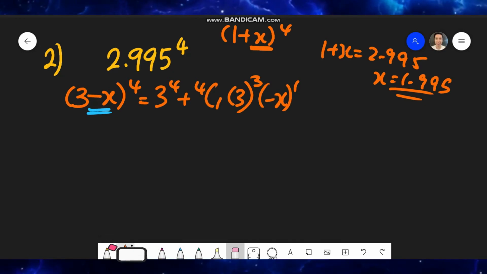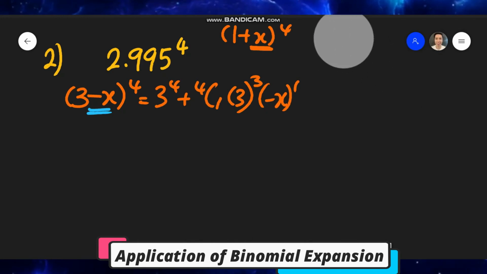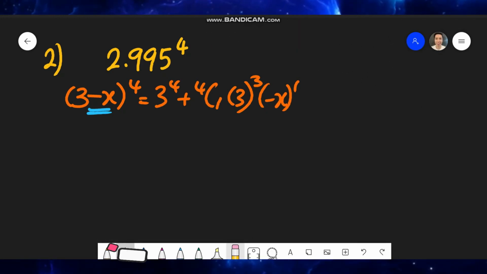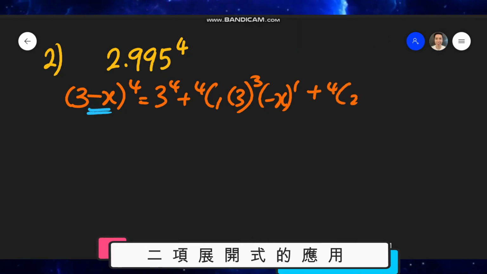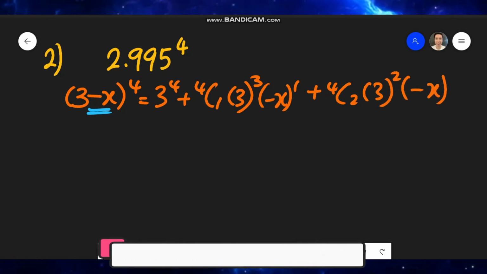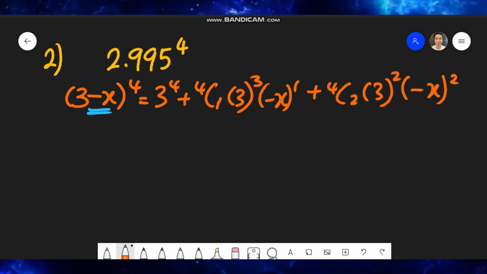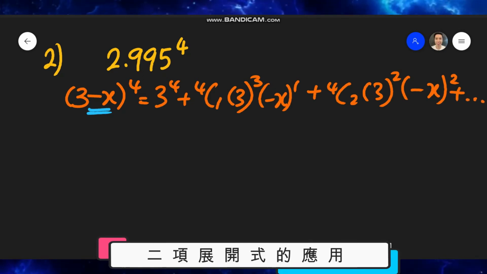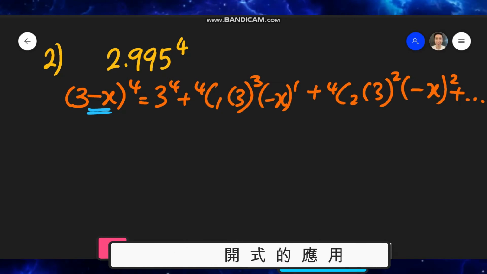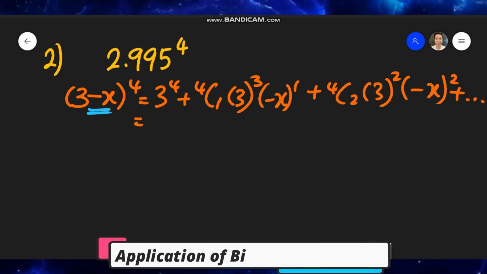Okay, next part, actually we can follow it by 4c2, then 3 power 4 minus 2 is 2, then negative x power 2. And we may expand the first 3 terms we'll do. So the rest we can put it as plus dot dot dot. Alright, so next we can simplify further. So 3 power 4 will give us 81, right?